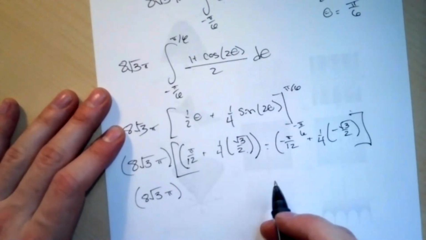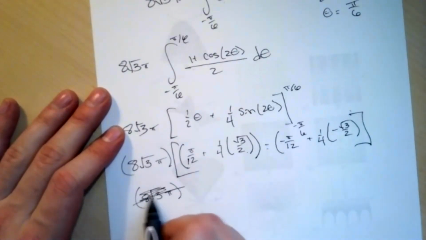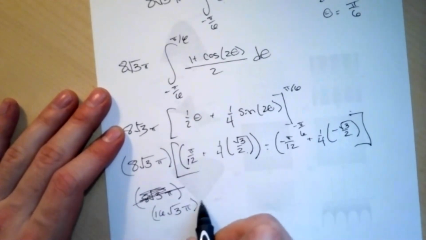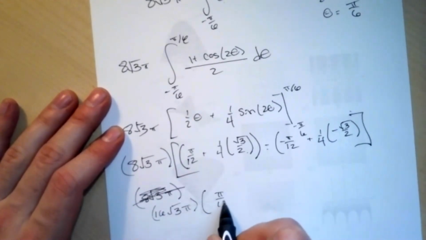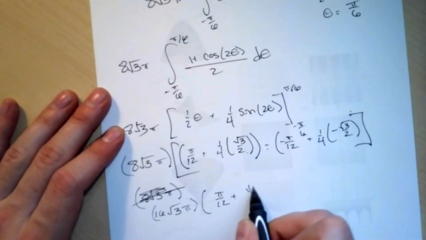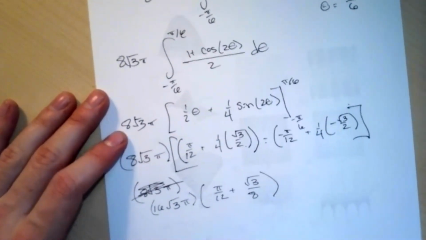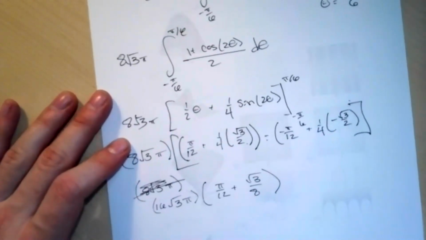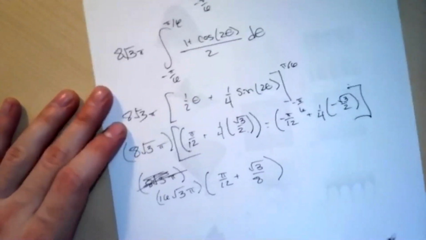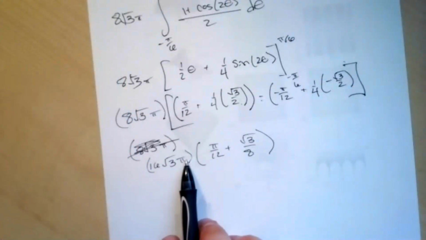Those two terms will be the same. We'll times 2, 16 square root of 3 pi times pi over 12 plus root 3 over 8. So this, essentially.